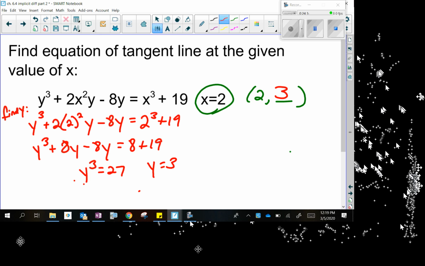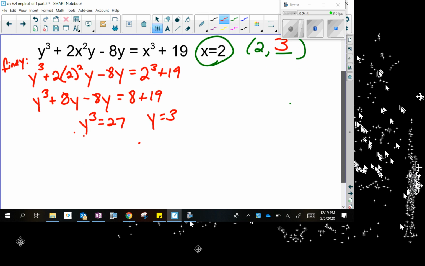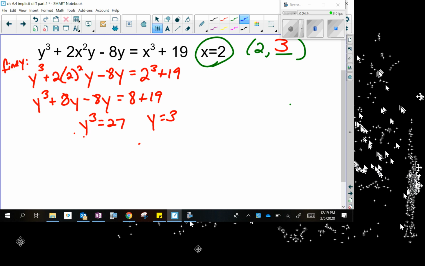Now we still have to turn that into a slope by taking the derivative, right? So now we need to find dy/dx. These problems aren't short.